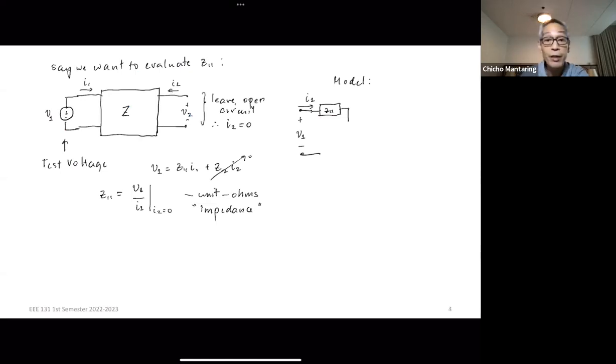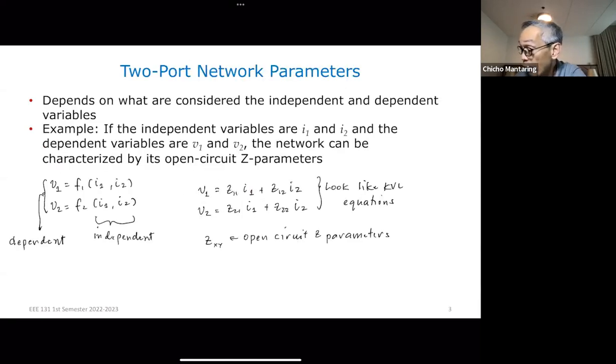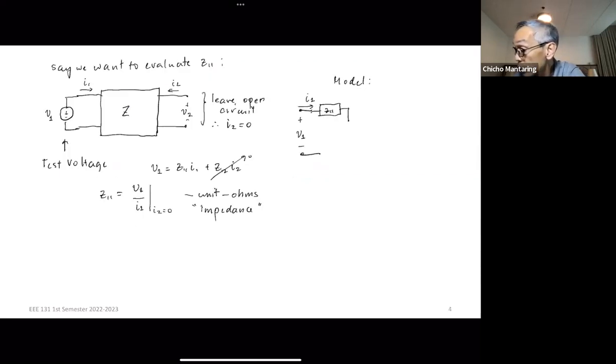And then I have to add another term. Note that the voltage generated by this term is controlled by a current that is outside of the port 1 circuit. Meaning to say, this term must be from a controlled source. So this is going to be a controlled source. This is going to be Z12 multiplied by I2.